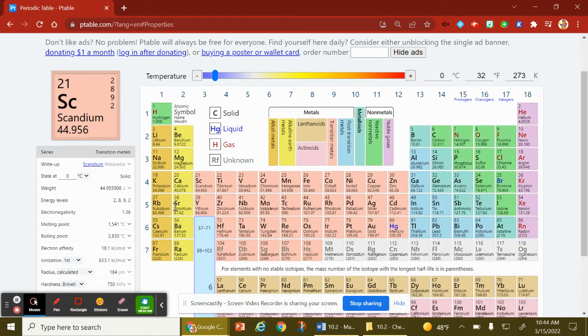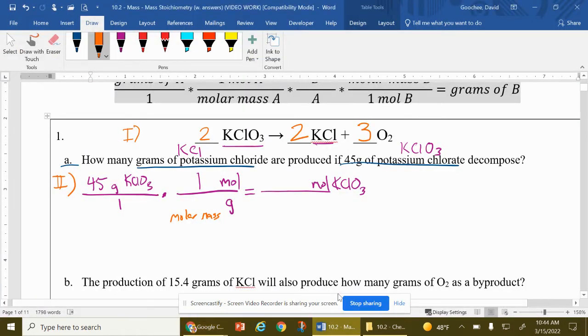Okay, so KClO3. So K is 39.10. Cl is 35.45. And then I've got 3 oxygens, so 3 times 16. I get a molar mass of 122.55. So the molar mass of this substance is 122.55 grams per mole. Okay, this is from the periodic table.